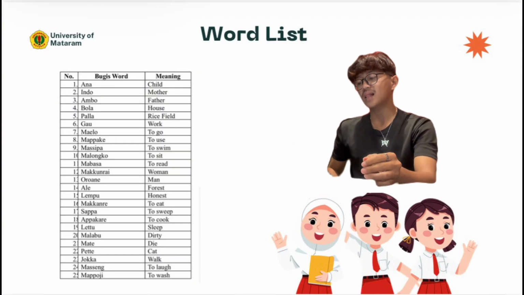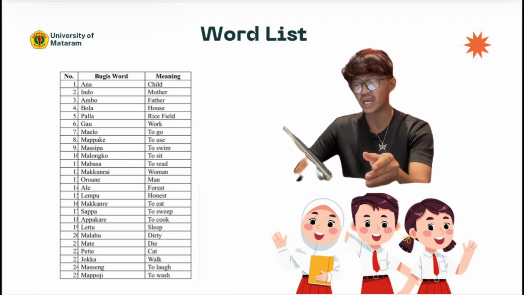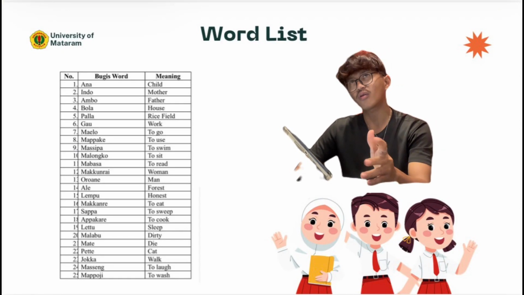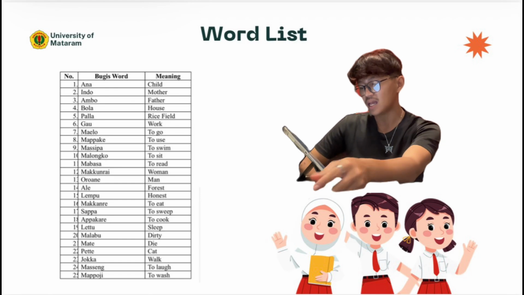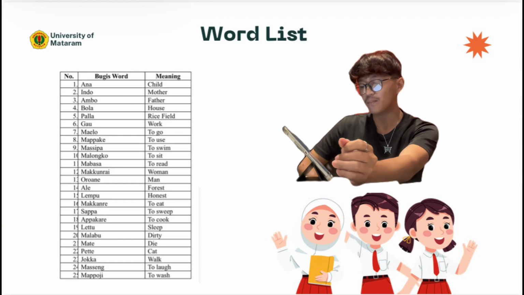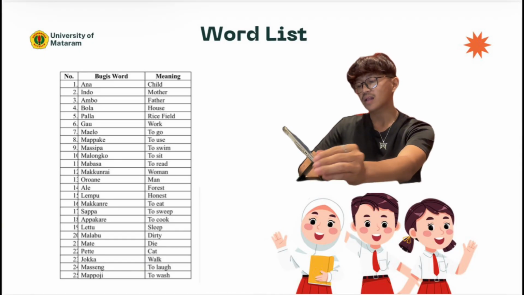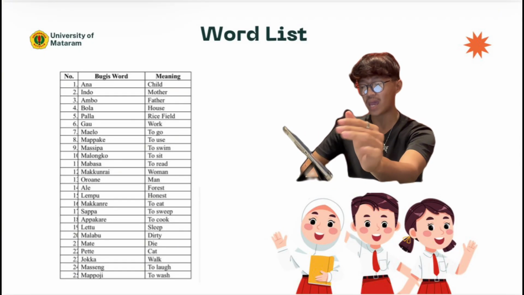The tenth one is Malongko, to sit. Eleven, Mabasa, to read. Twelve, Makunrai, woman. Thirteen, Oro Ane, a man. Fourteen, Ale, forest. The fifteenth one is Lempu, honest. Sixteen, Makanre, to eat. Seventeen, Sapa, to swim.